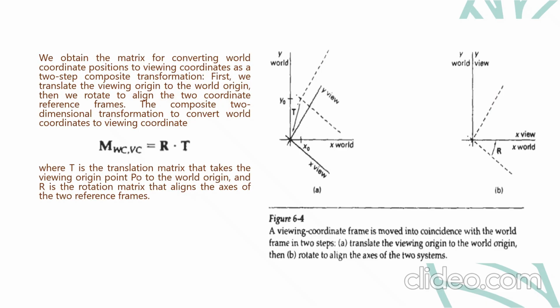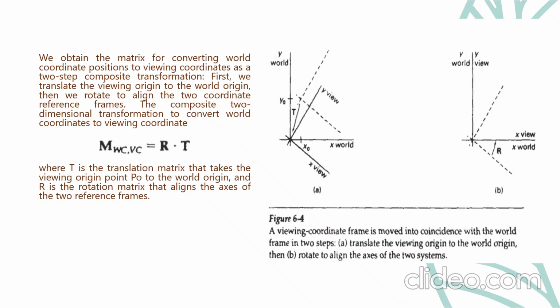Now, let us see how the transformation from world coordinates to viewing coordinates is performed mathematically. This transformation consists of two basic operations. The first operation is translation. As we have already studied, translation is the term which shifts the viewing origin to the world origin, right?